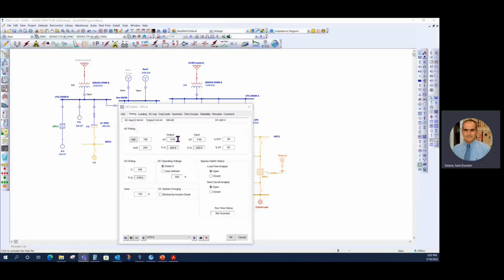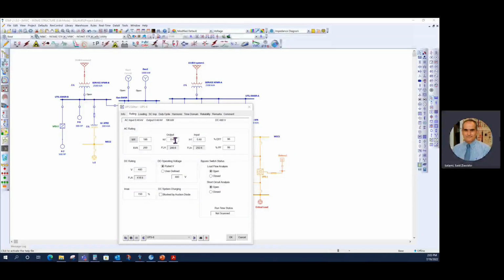The voltage rating of the input and output of the UPS can vary between 10 to 15% based on the vendor, and of course can be designed for different voltage levels as requested.